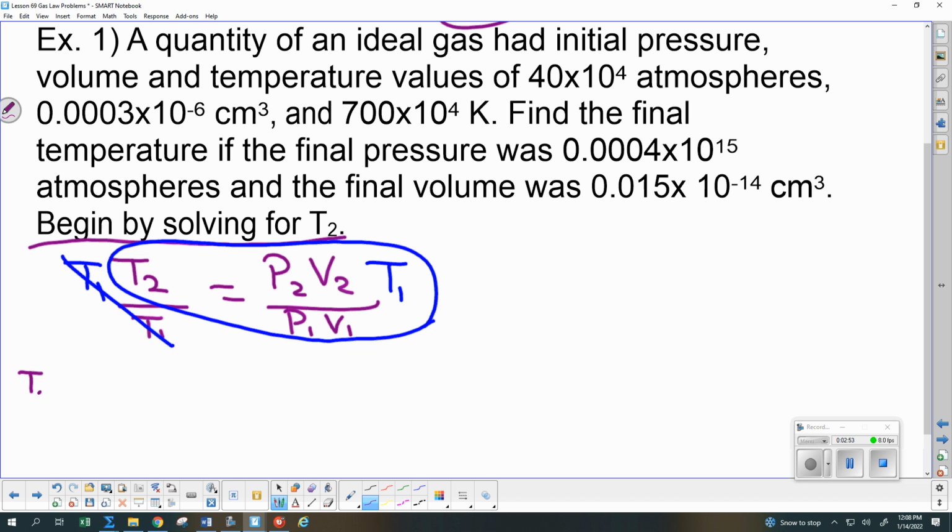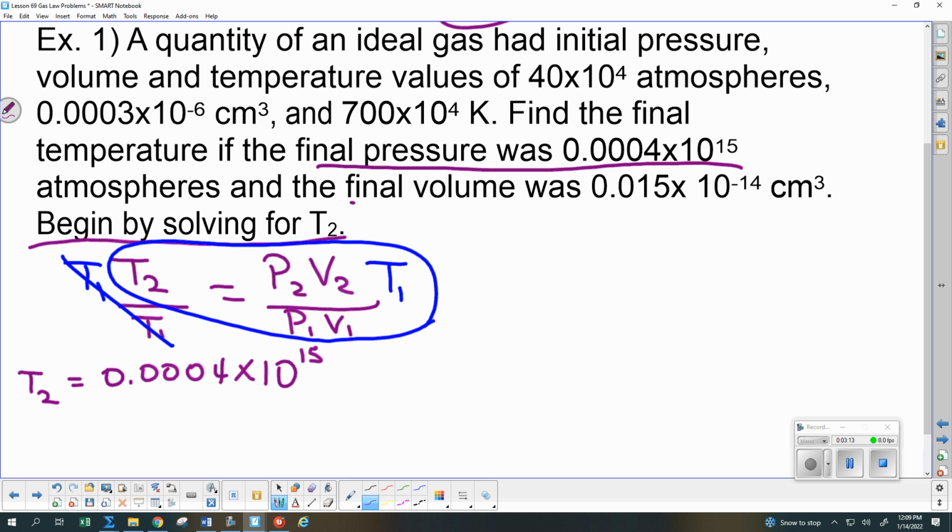So I'm going to say T2, this is what I'm going to enter in my calculator, P2. Okay, final pressure was this. So 0.0004 times 10 to the 15th.